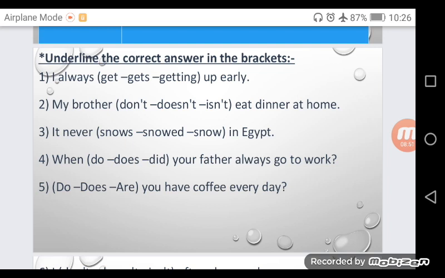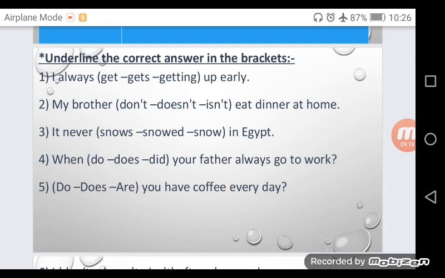Gets is in the present simple tense, but getting, this is verb plus ing, is not in the present simple tense. So we are going to choose between get and gets. Look at the subject, I, so we are going to choose get without an s. So the answer is this, I always get up early.